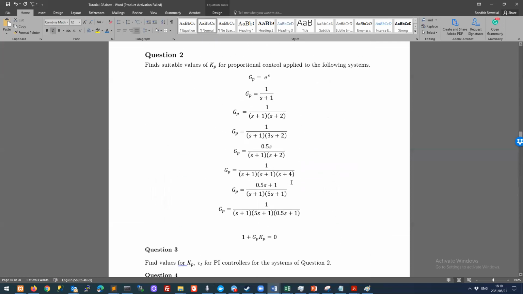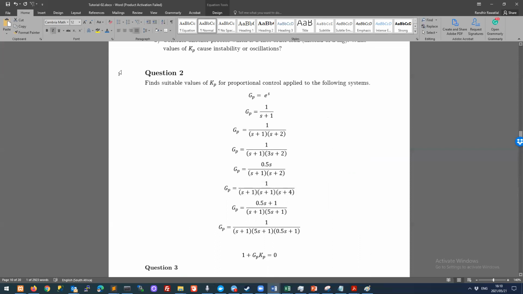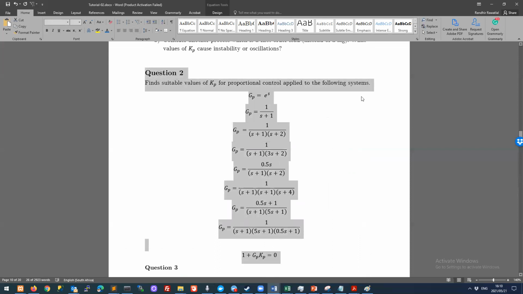So you can go ahead, and the tutorial is really then question 2. It's asking for suitable values for Kp. Don't worry about suitable values. Just see what you get. Put in a couple of Kp values and see where the process goes. That's all that I need you to do there.